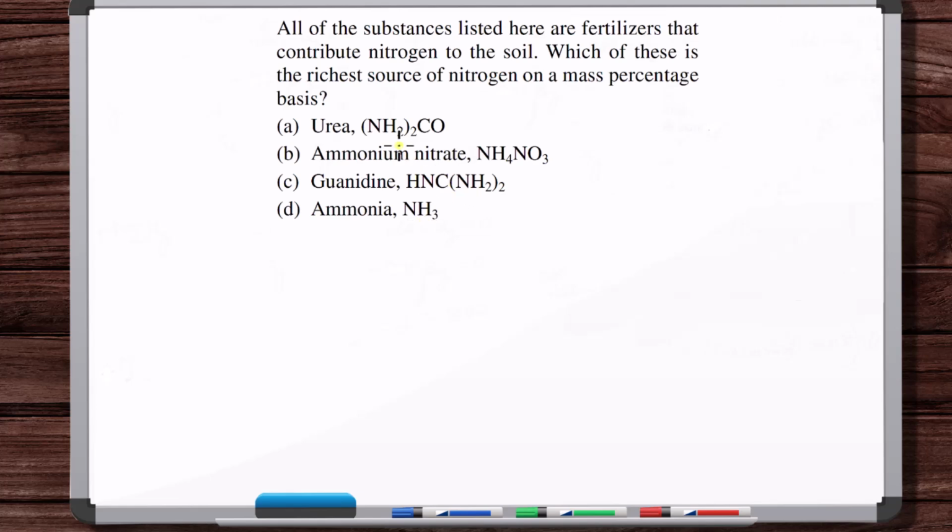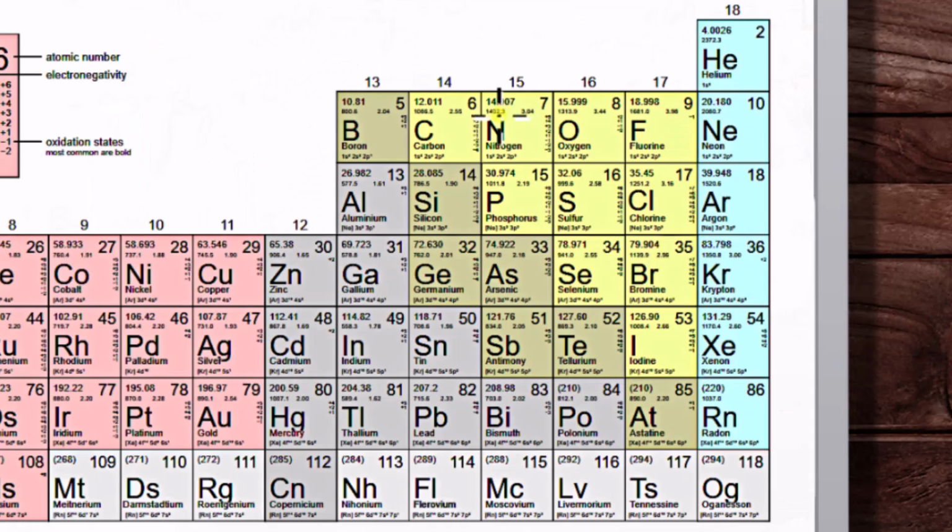Well, let's start with the urea. We want to determine the molecular weight, or is this a formula weight? Depending on whether this is a molecule or a lattice type structure, it's going to be the molecular weight or the formula weight of the compound. So that's the total weight of the compound. And then we're going to get the percentage of that weight that's associated with nitrogen. In this case, we've got 2 nitrogen atoms, nitrogen atomic weight 14.007.